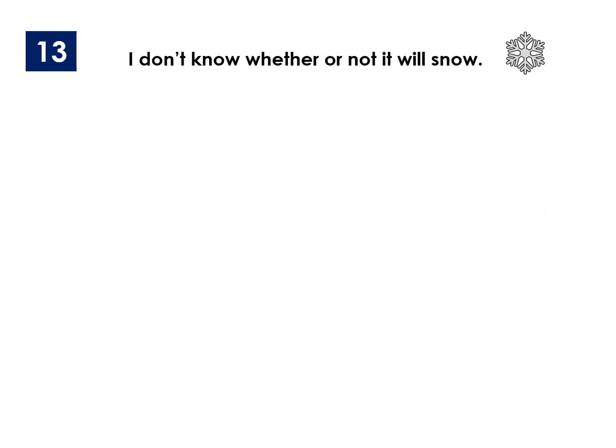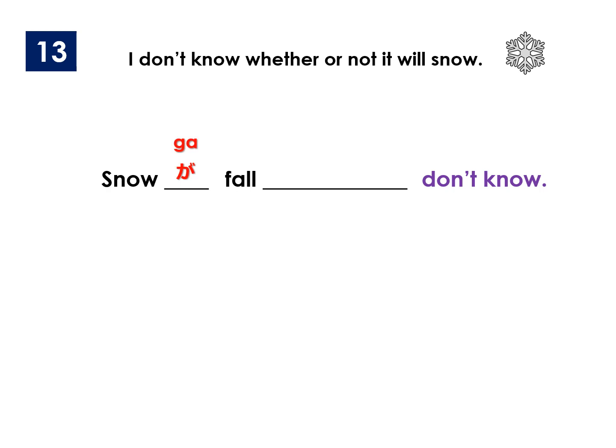Next sentence, I don't know whether or not it'll snow. The elements are snow, and in Japanese we use the verb to fall. So the element fall, and the verb don't know. Snow takes the subject particle ga because it's the one that falls from the sky. And the verb to fall takes the whether or not construction of ka do ka.